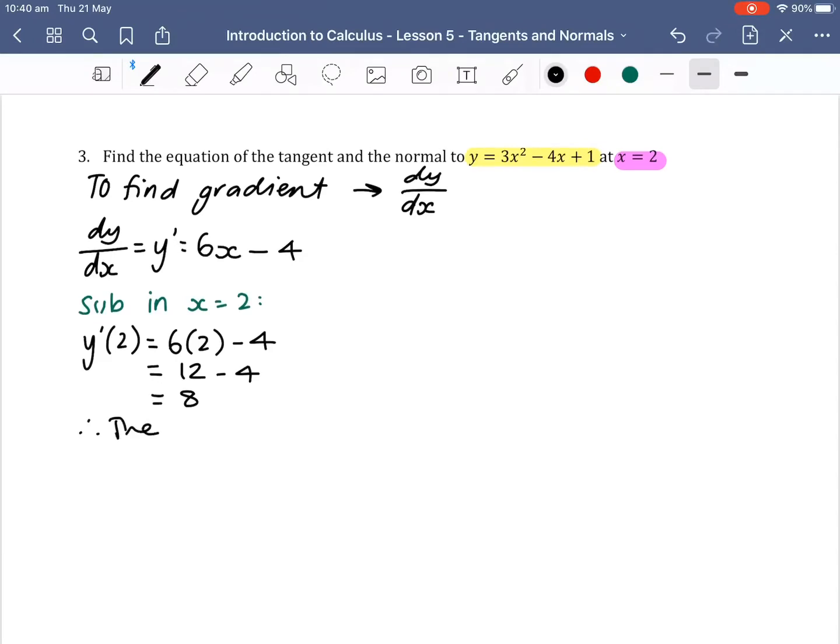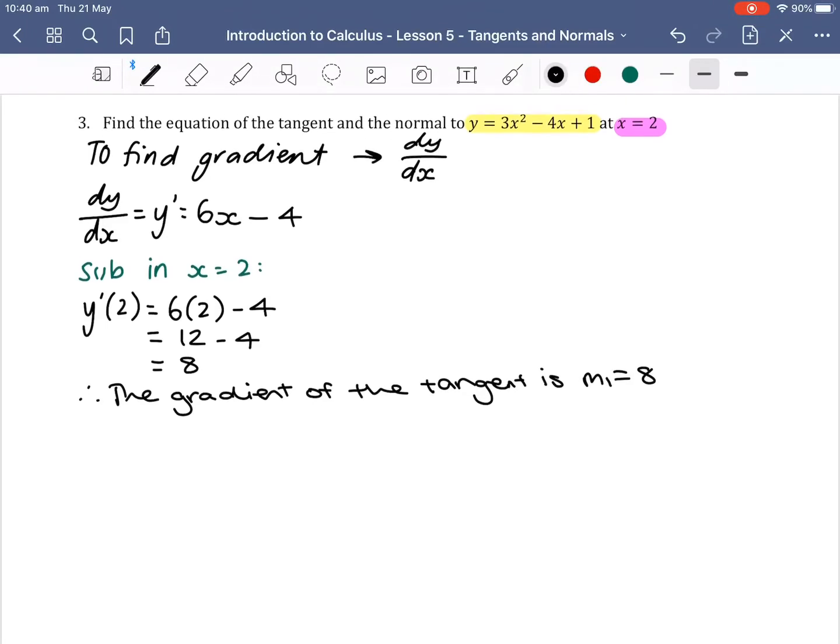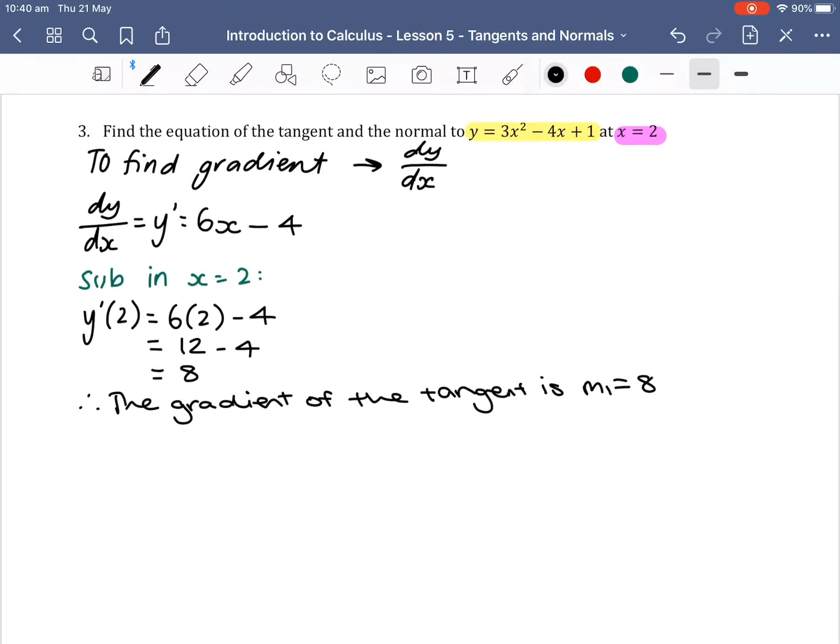Therefore the gradient of the tangent is m1 equals 8.